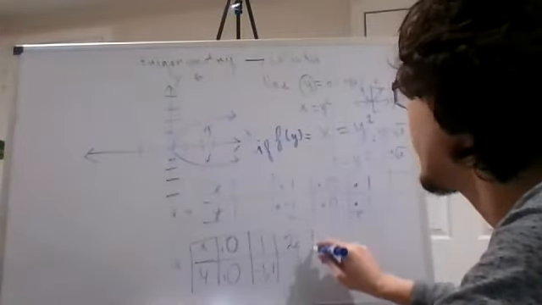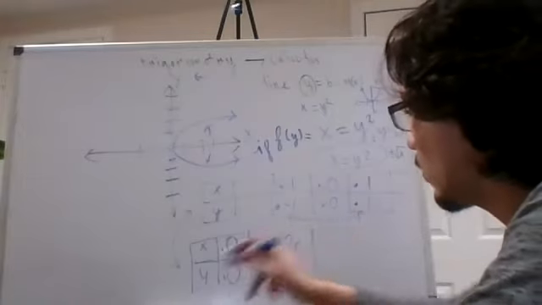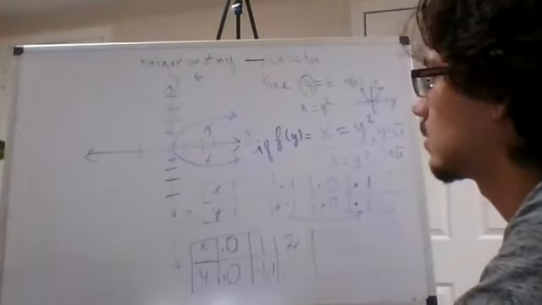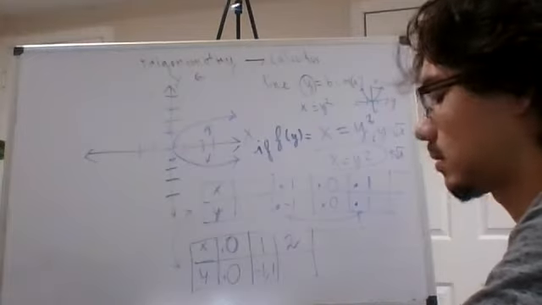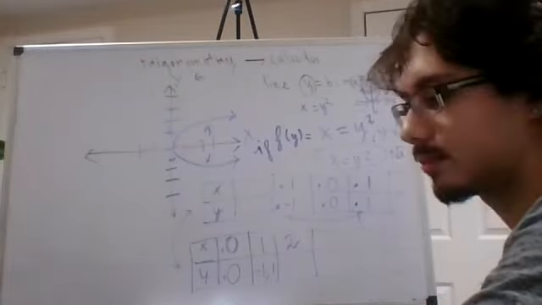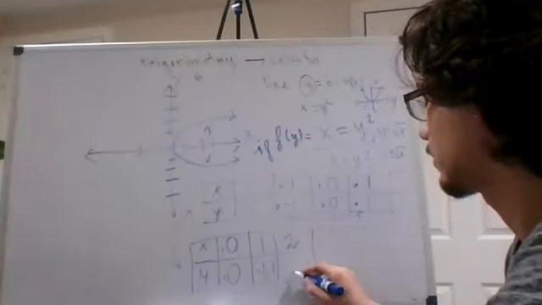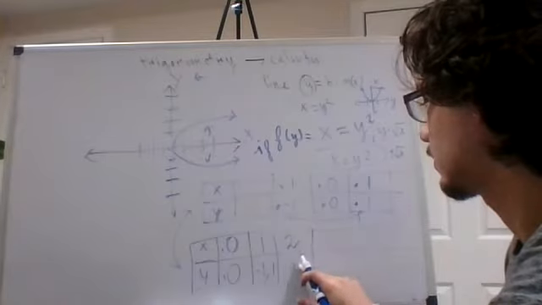So if we apply this logic further, if we said x is 2, what would y then be? It would be 4, sir.